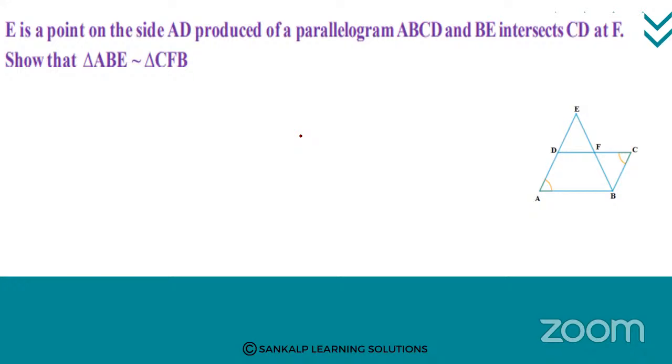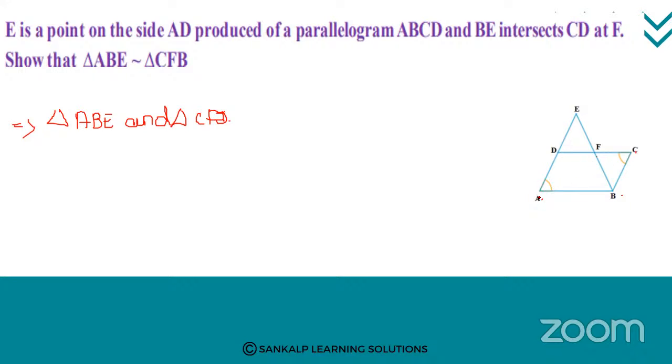So here triangle ABE is similar to triangle CFB. We are going to show that these two triangles are similar. So in triangle ABE and triangle CFB, if you consider triangle ABE, so AE full triangle, and triangle CFB.